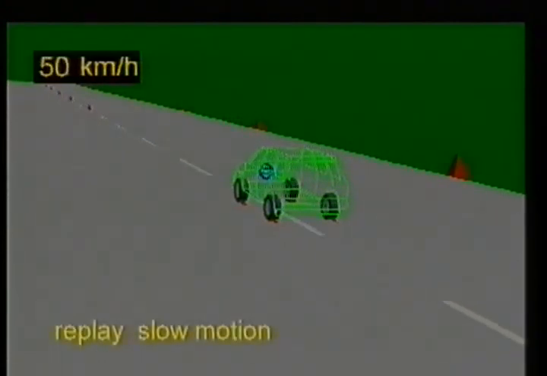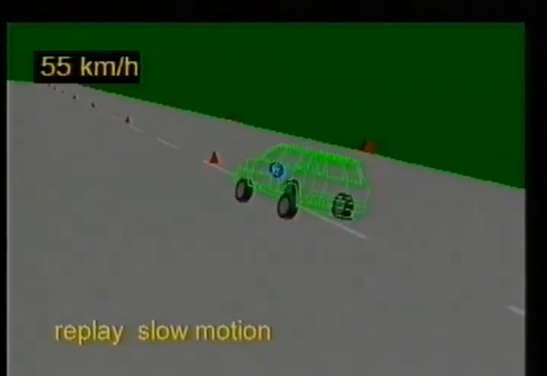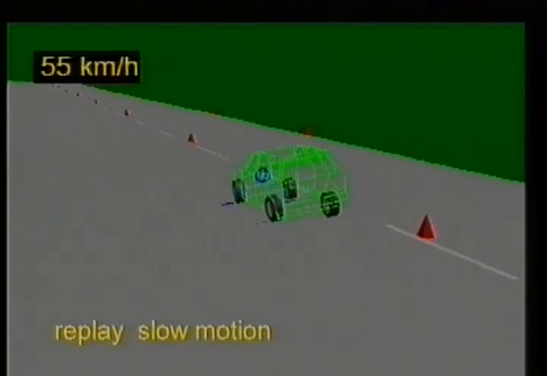Test drives of cars in the computer avoid the risk of damaging both the human test driver and the physical prototype. The numerical simulation of test drives has very real benefits.